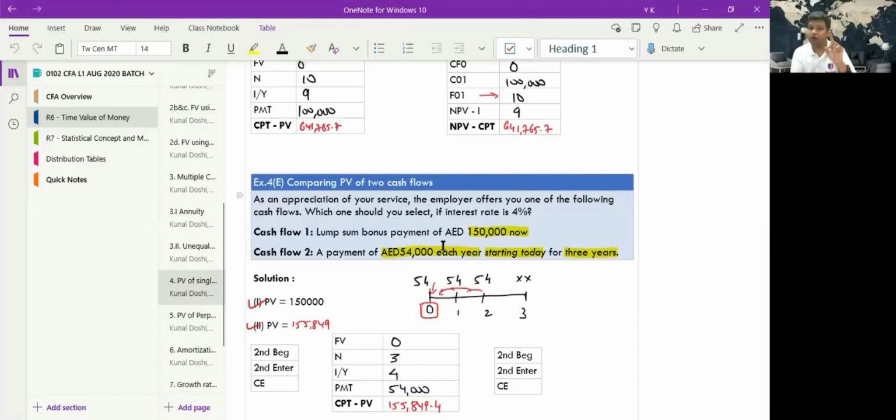Now 54,000 you put as PMT, you already have, right? Take N as 2. I is as it is, FV is also 0, right? Now calculate CPT PV. 101,849. And now add 54,000 to it, you'll get 155.